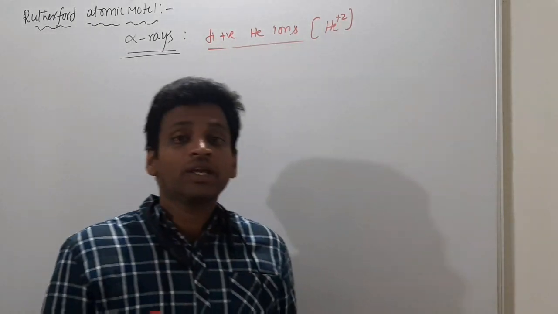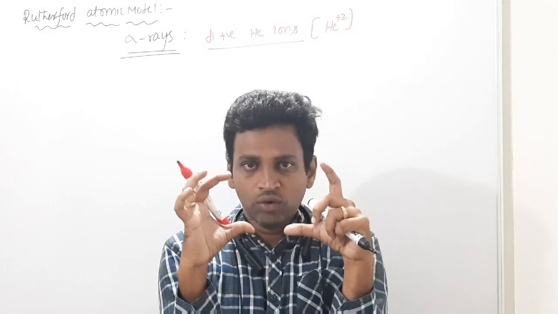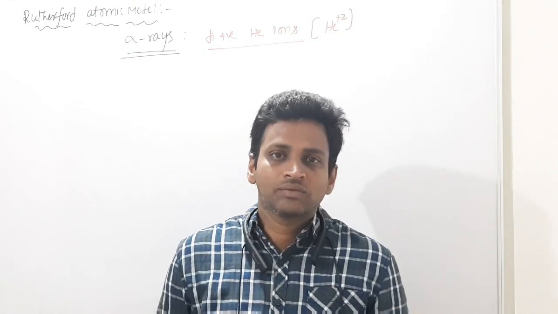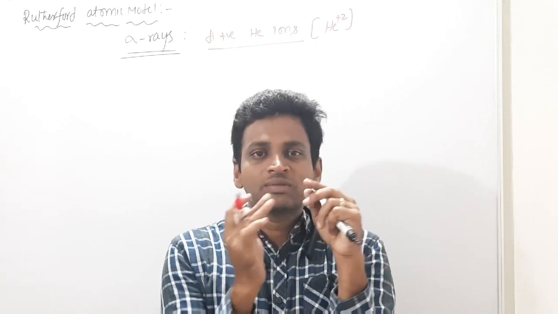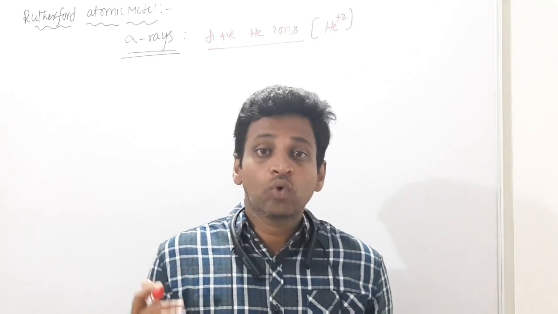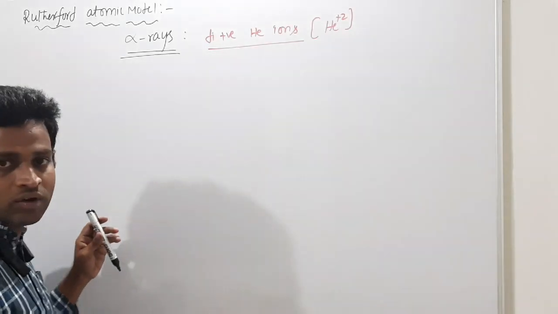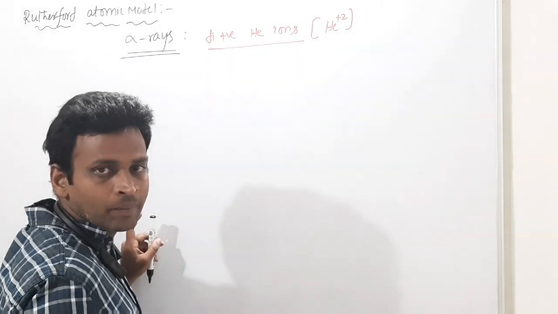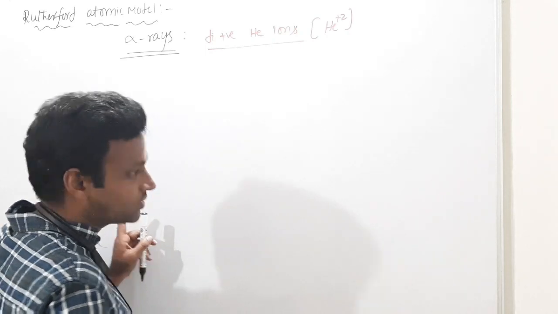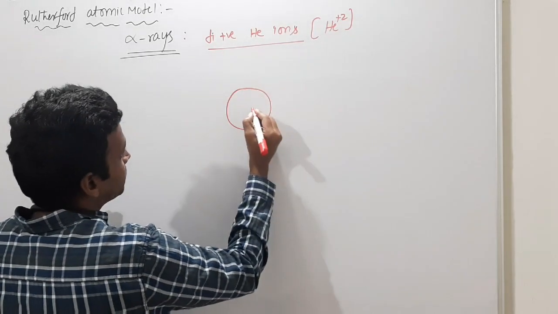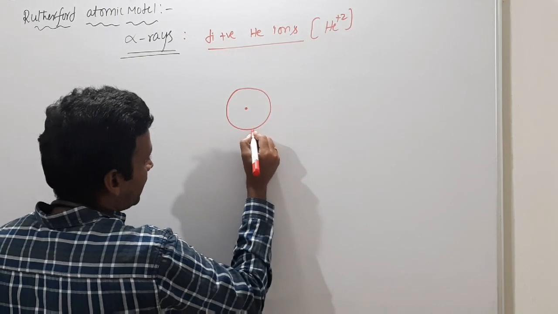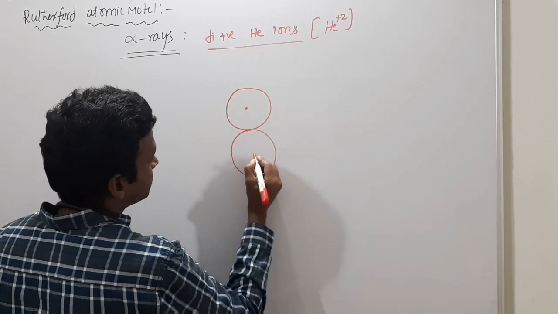He took some gold foils, very thin gold foils. Gold foils means gold sheets. Through gold sheets, he sent alpha rays. That is the experiment he did. First, let us understand the experiment. He considered gold foils like this, one gold foil and another gold foil like this.